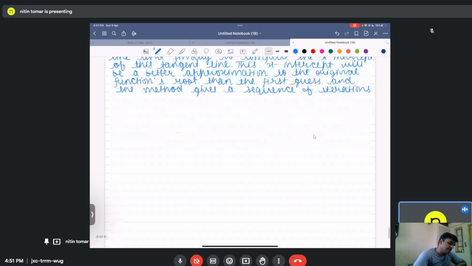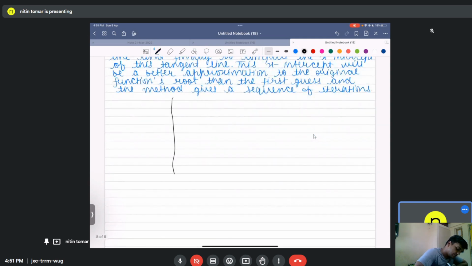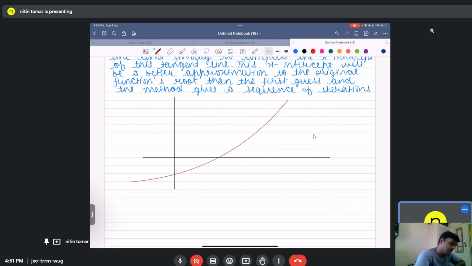So geometrically, see what is happening. You have the xy axis here, and let's say your graph is this. First you choose your initial guess.